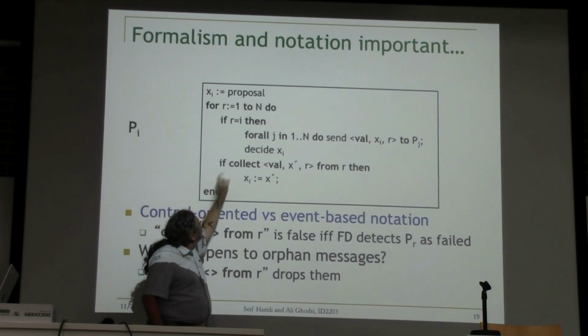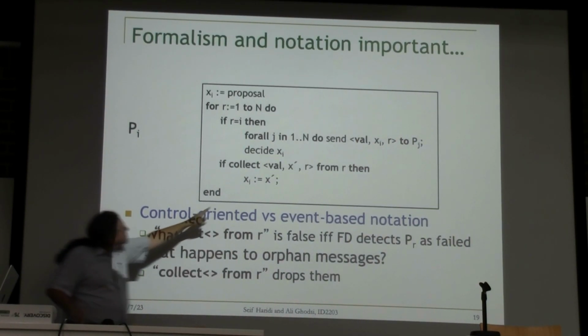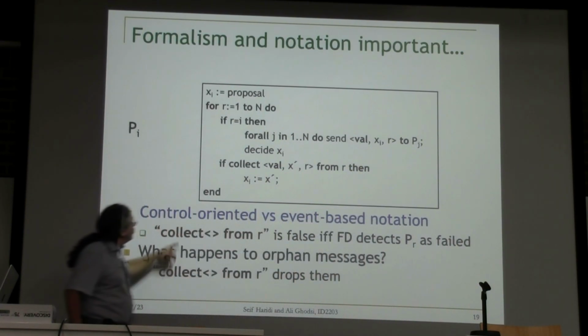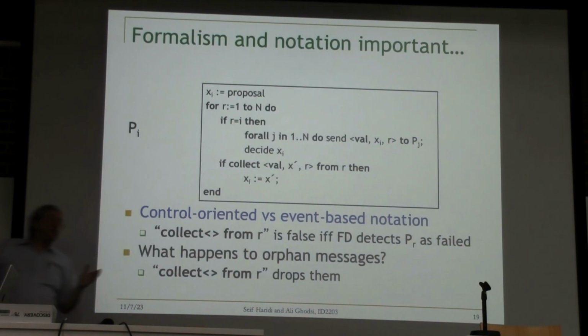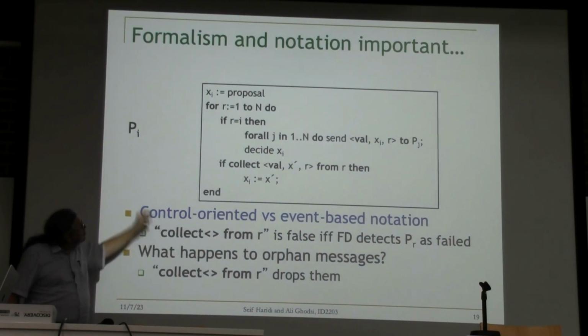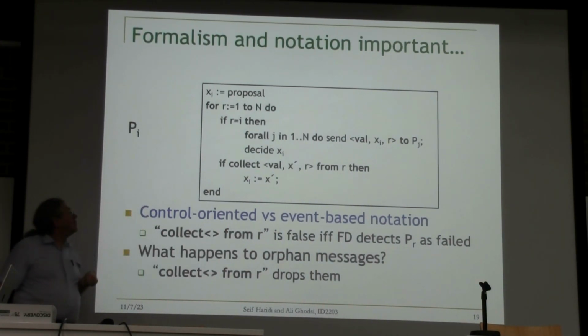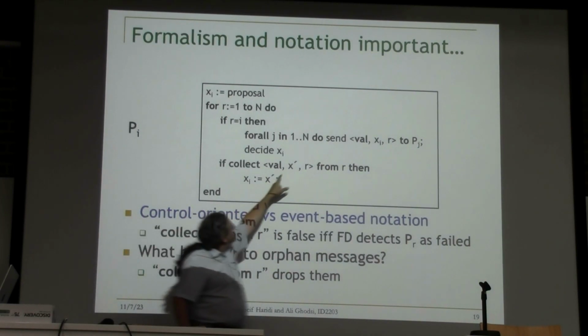So the collect will basically wait for two things to happen. It either receives the message, val x prime r, that's the message that was sent from the leader, or it waits for the leader to have failed. And we're guaranteed that one of those two things will always happen. So the collect is basically going to synchronize on the condition that makes us go to the next round. If we do get the message, then the collect returns true, and it binds x prime and r.